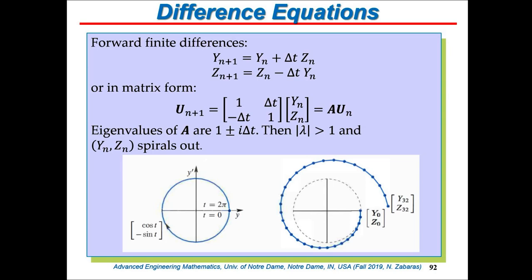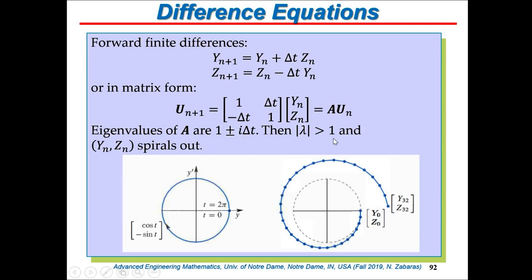And in this case, if the absolute value of lambda is greater than 1, when you take powers of that, obviously you expect that when you take a number greater than 1 to higher and higher powers, eventually that thing will diverge and go to infinity.